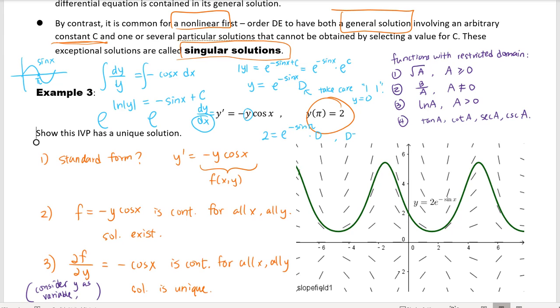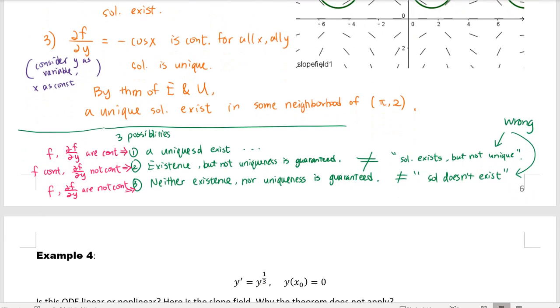So d equals 2. Now we know our solution: y is 2 times e to the minus sine x, which is this curve. This is how we solve the differential equation, and we will visit more in session 1.4. Okay, good. Let's continue.